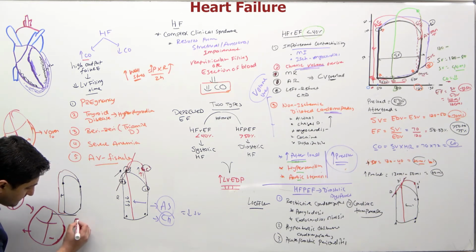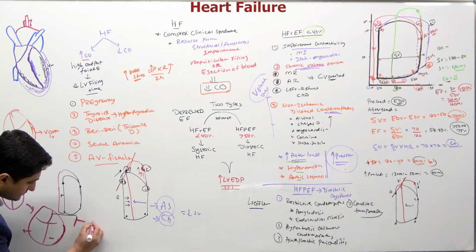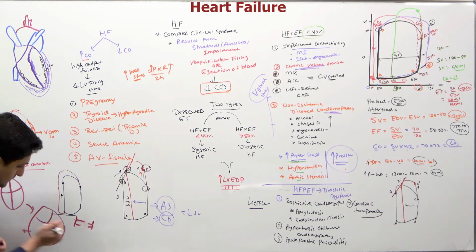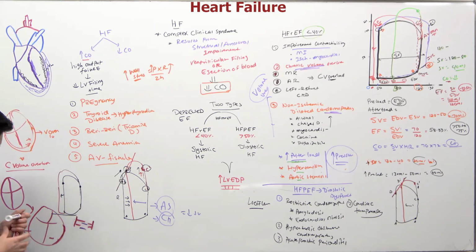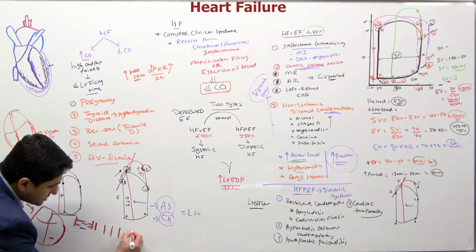Let's just say this is a sarcomere. What happens is that sarcomeres are added in series like this. Let's say this is a sarcomere, this is a sarcomere, like this.